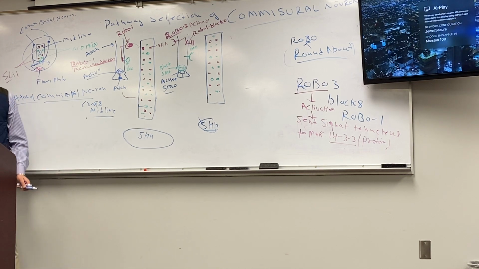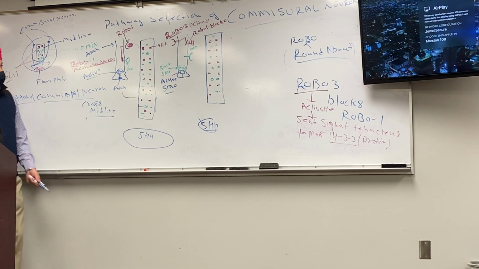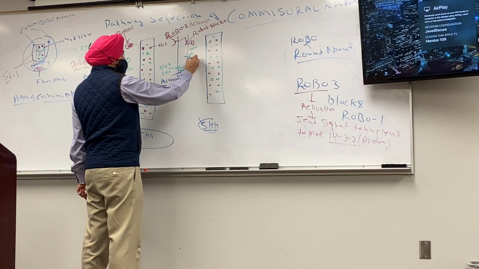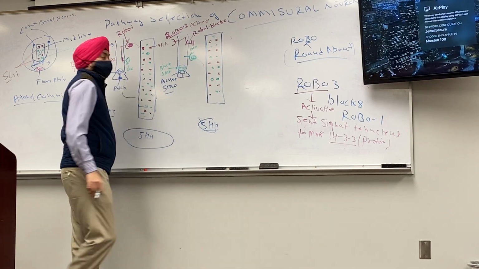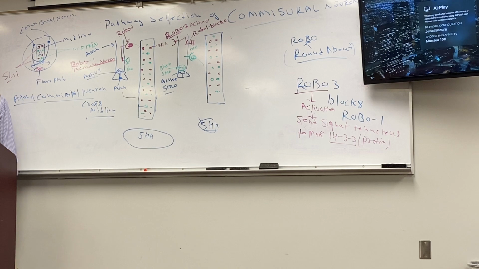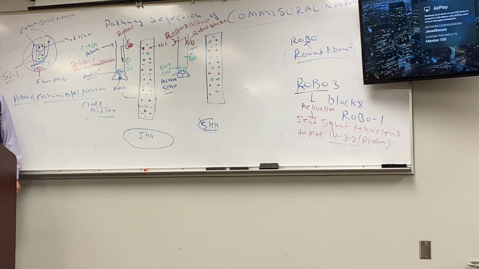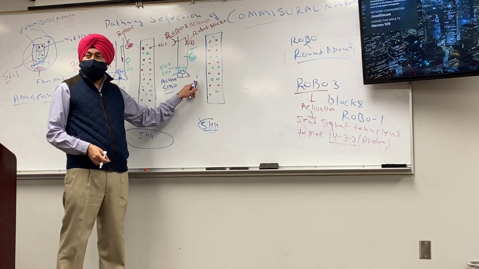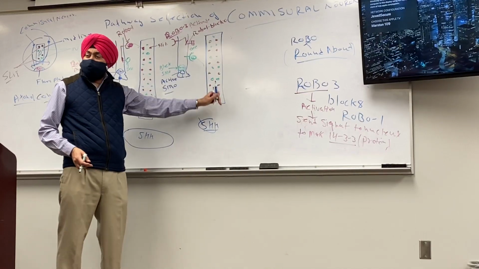If the DCC is open, what is going to happen? This netrin is going to come here and bind here. Right? So if netrin is binding here, so now this axon knows that hey, here is the attractant.